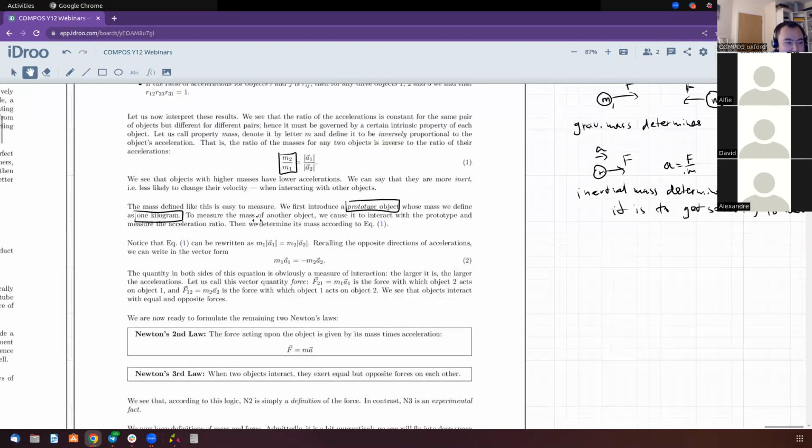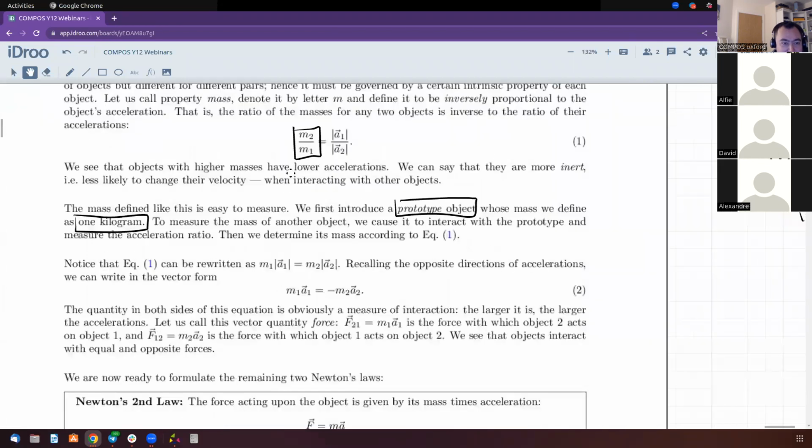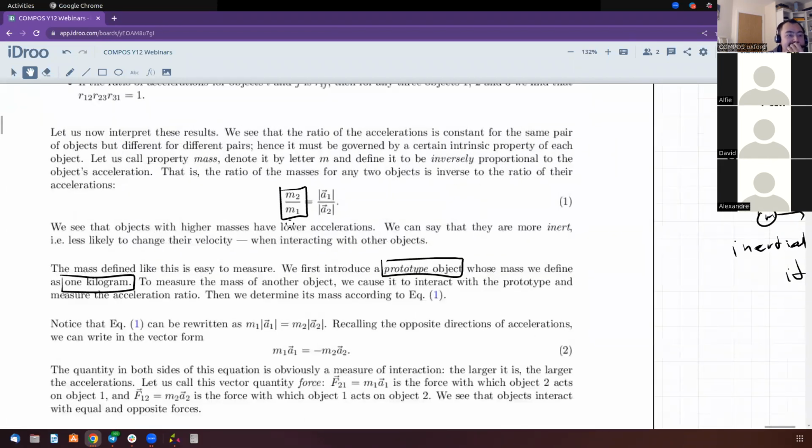Anyway, we have a prototype object of 1 kilogram, and we can define the mass by comparing the accelerations of two interacting objects. So if you have a mass m1 and you have a mass of 1 kilogram, and they interact, they do something to each other, and they start accelerating.